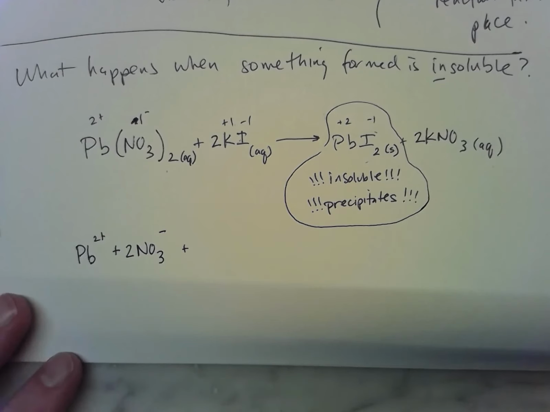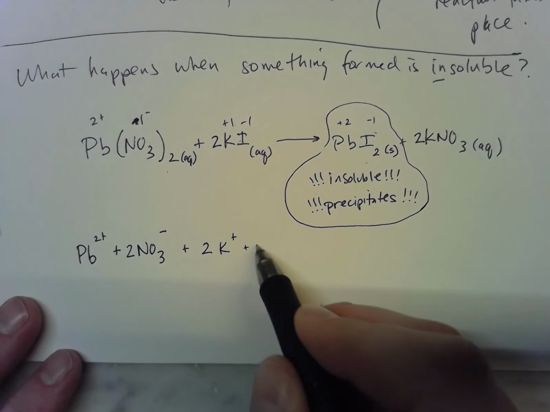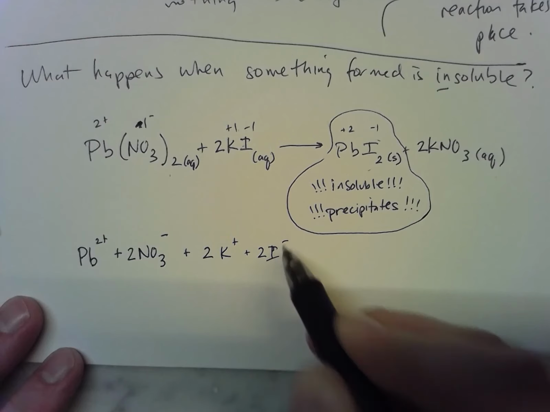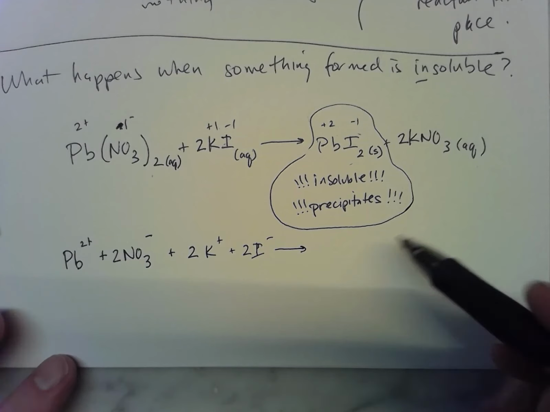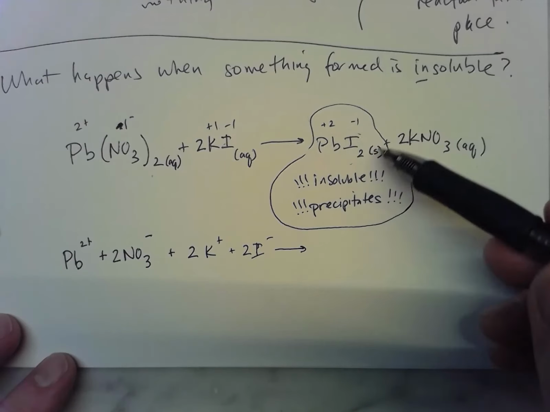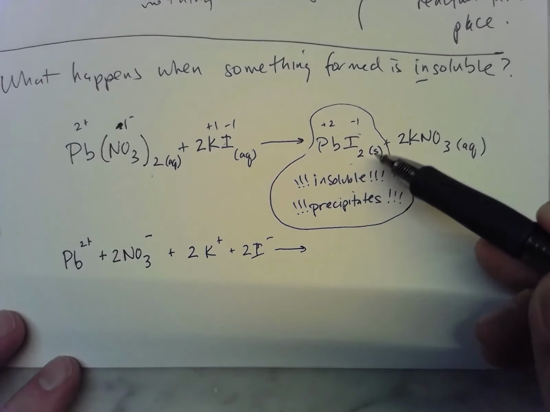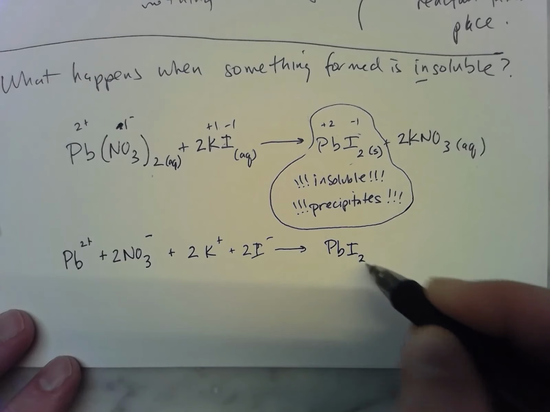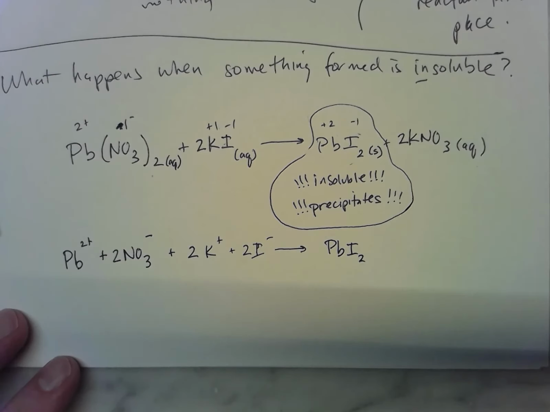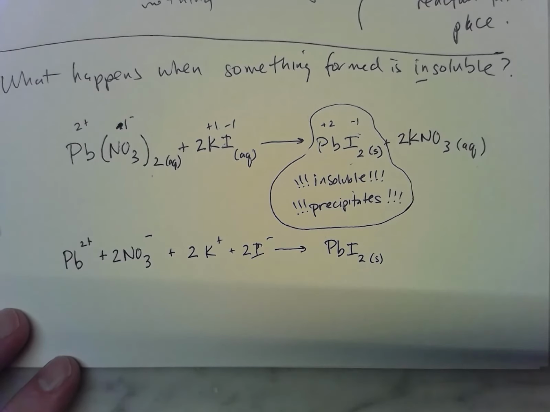So what do we got? Now we've got 2 K pluses and 2 I minuses. What's that going to go to? This is not an ion anymore because it's a solid compound that's dropping out of the solution. So we're just going to write that as PbI2, and we can be doubly sure and write a solid next to it.